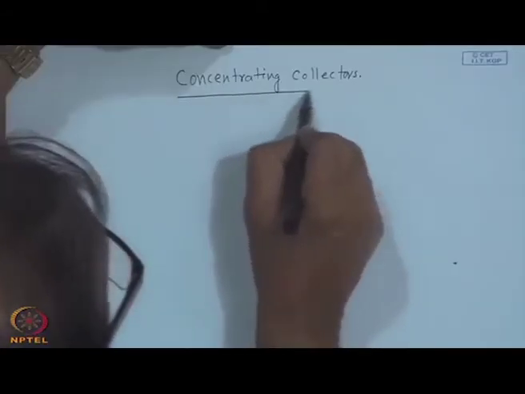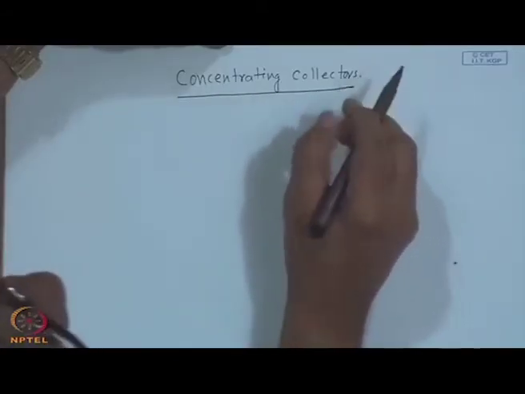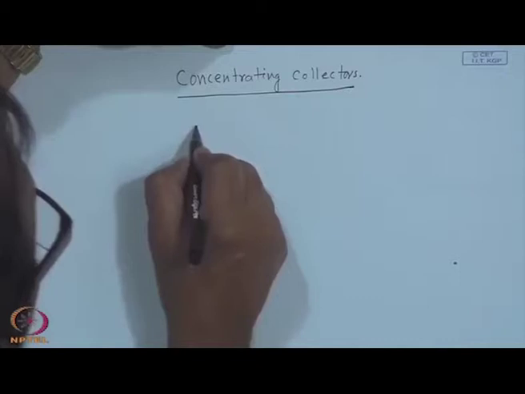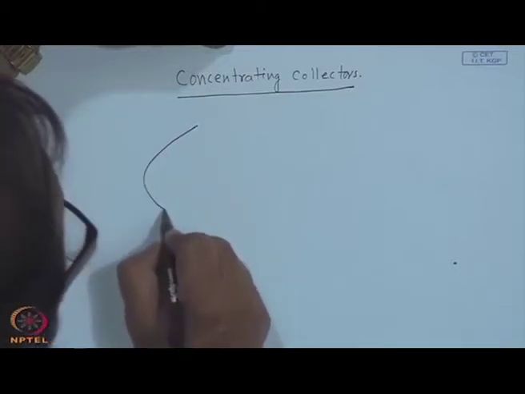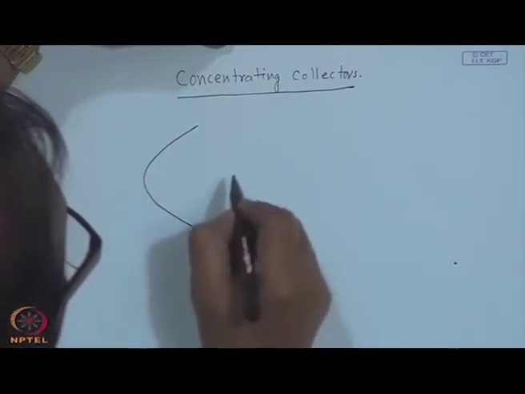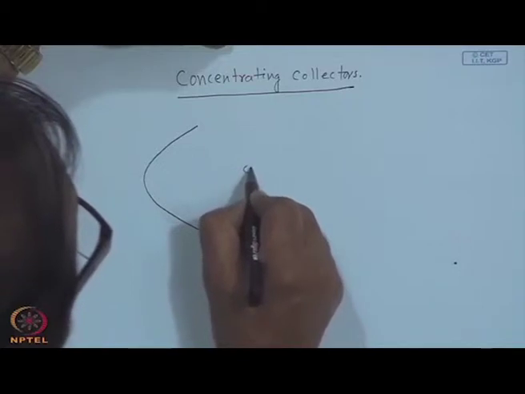So, the next idea is to have what we call concentration, and the very early type of concentration you can see in the form of mirror boosters. I will first give you the configuration, so that you will understand the whole idea.